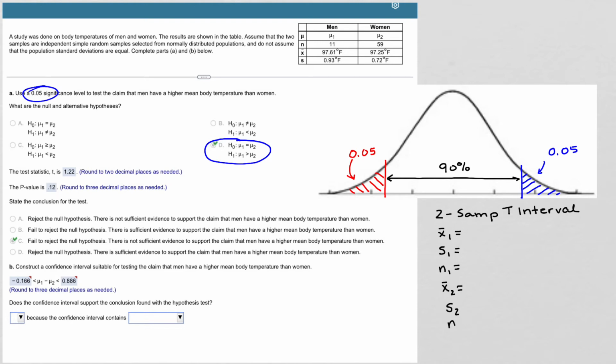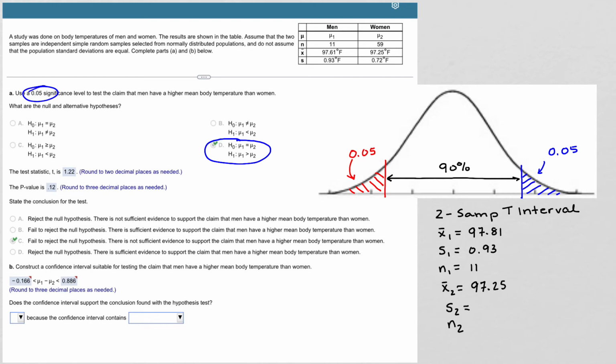S2, and N2. For this problem, X bar 1 was 97.81. The standard deviation was 0.93, and the sample size was 11. And for the women, the mean was 97.25.